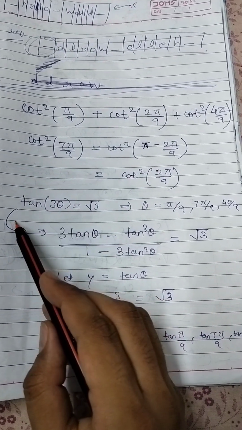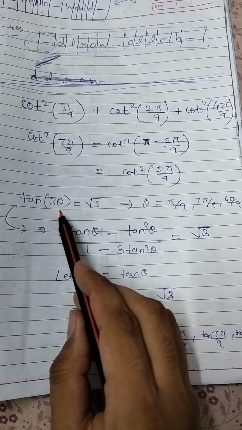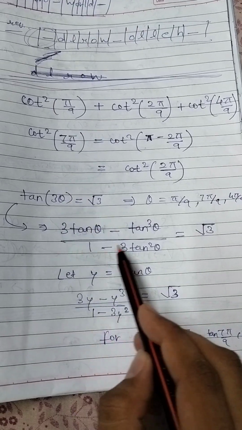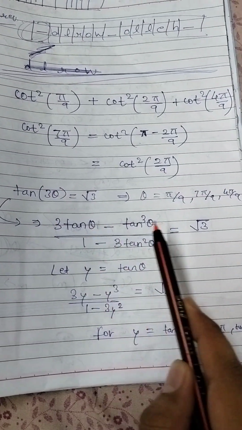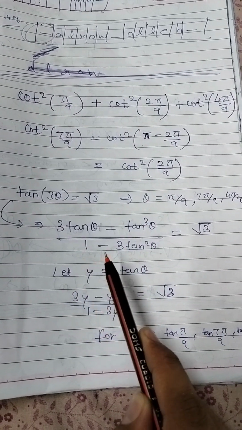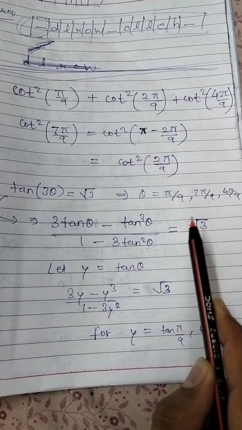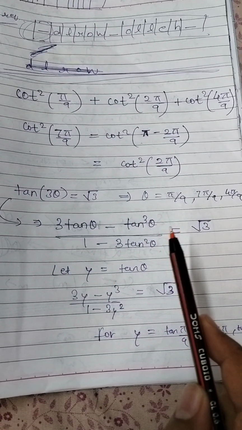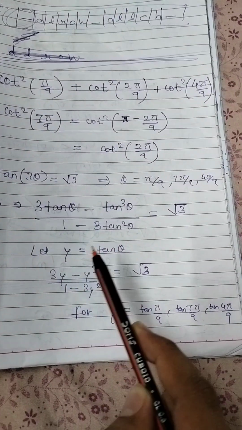The next step is to convert this tan 3 theta into expanded form, which is 3 tan theta minus tan cube theta upon 1 minus 3 tan square theta. RHS will remain same.